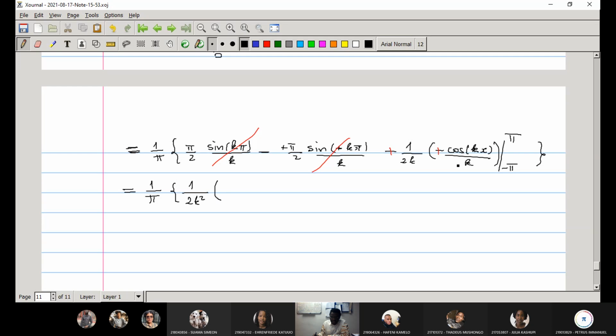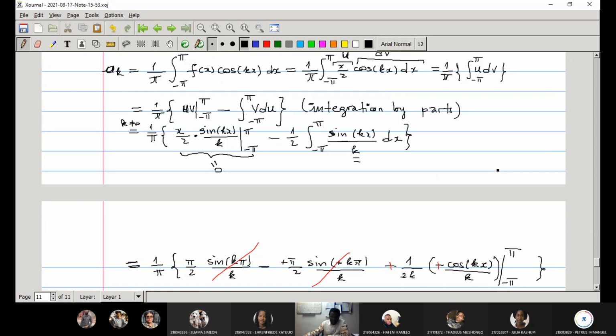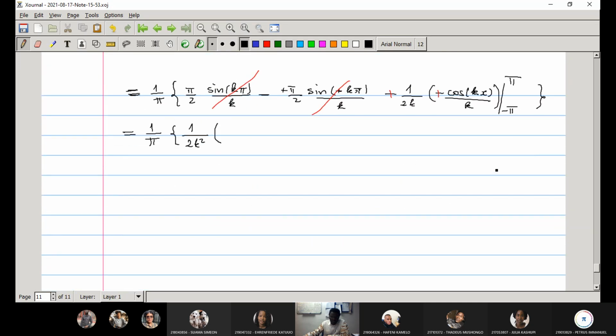Now, I will evaluate this at this point minus at that point. Is that clear? Good. So if I evaluate, of course, we also take into account the fact that the cosine function is an even function, right?